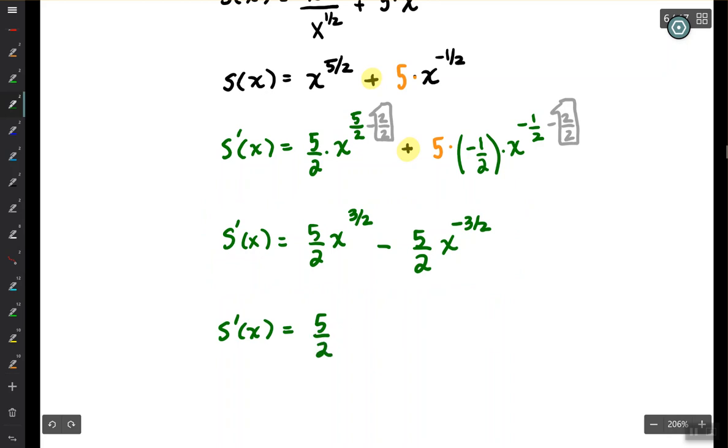I think we're all probably a little rusty on fractional exponents, so just seeing that x to the 3 halves power is actually notation for the square root of x cubed. And 5 divided by 2 times x to the minus 3 halves power is 5 divided by 2 divided by x to the 3 halves power.